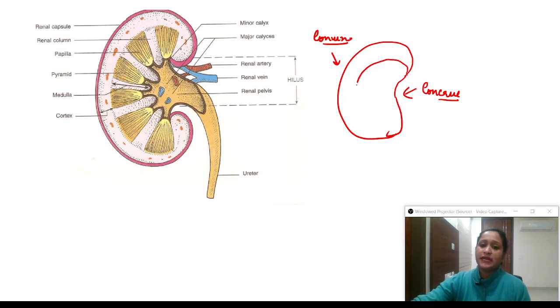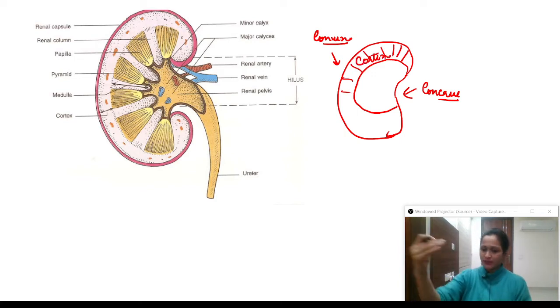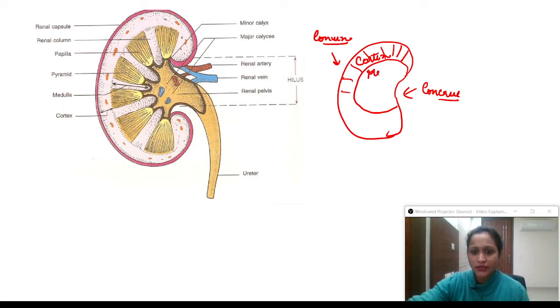Now, the kidney is divided into two parts internally. This is what we call the cortex, towards the periphery, and towards the internal side you will find the medulla region. So internally the kidney is divided into cortex and medulla. Okay.